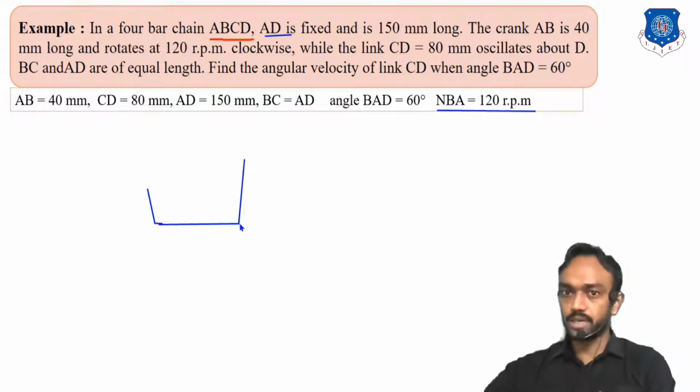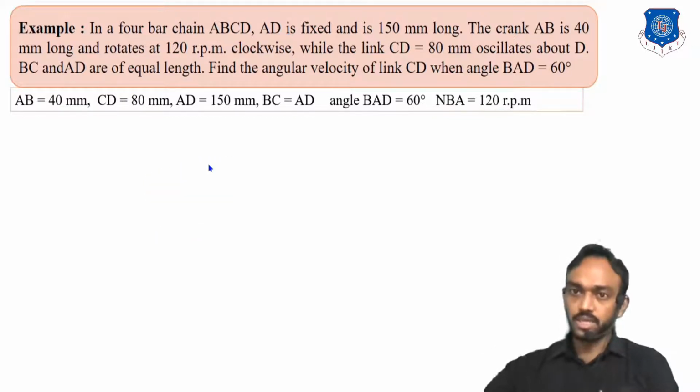BC and AD are equal in length. So this fourth link and this first link are the same length. Find the angular velocity of CD. Means we have to find the velocity of link CD.